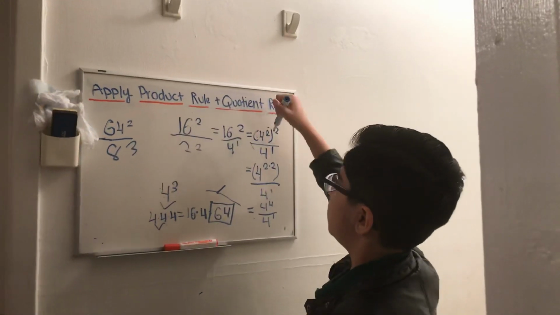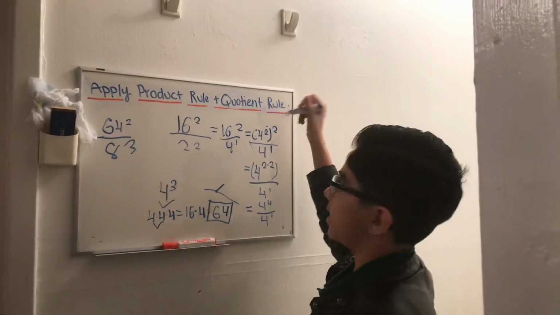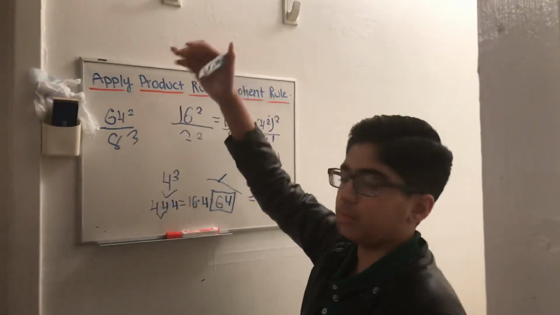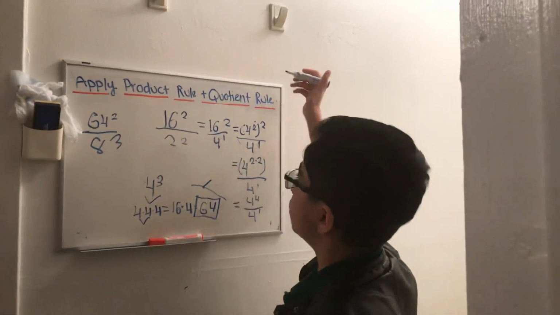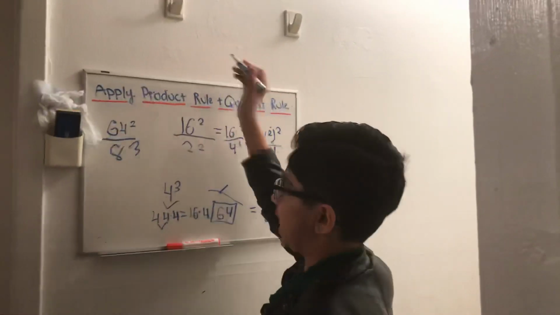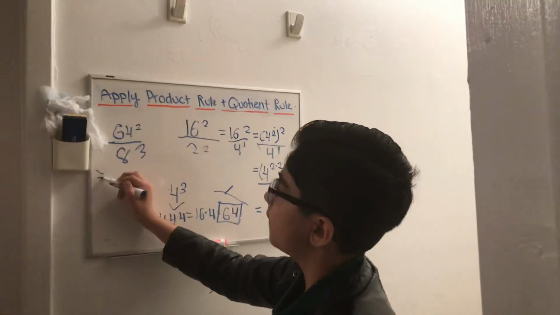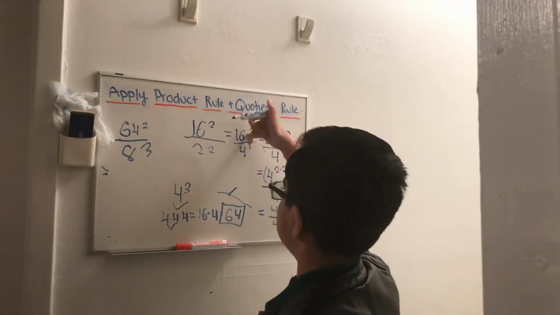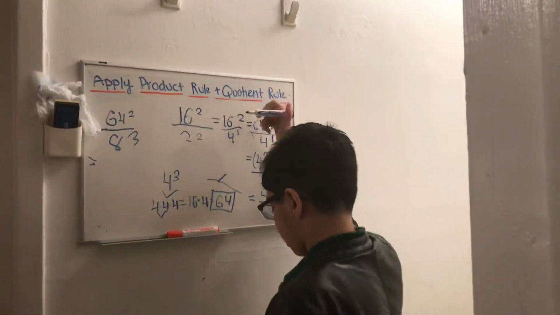You can see here that we broke down 16 squared into 4 to the power of 2, to the exponent of 2. So we break this up in the same way as well. 64 divided by 2 is 8, or as you can see, 16 divided by 2 is 4 as well here.